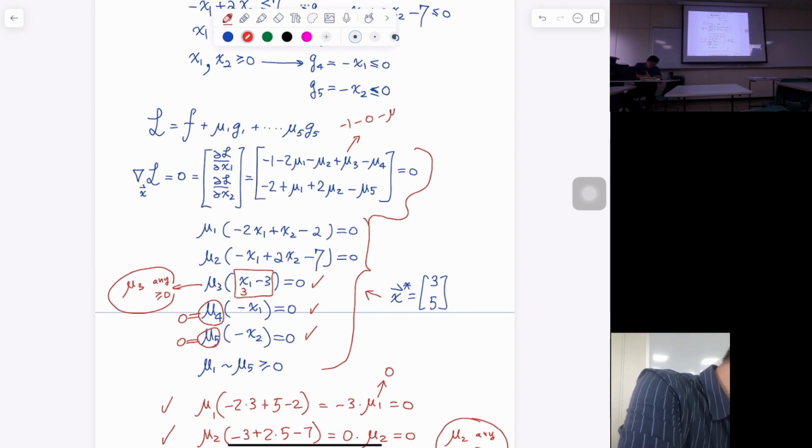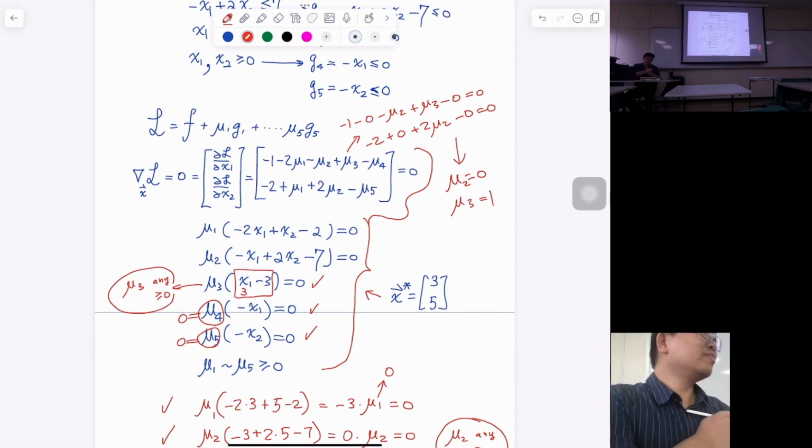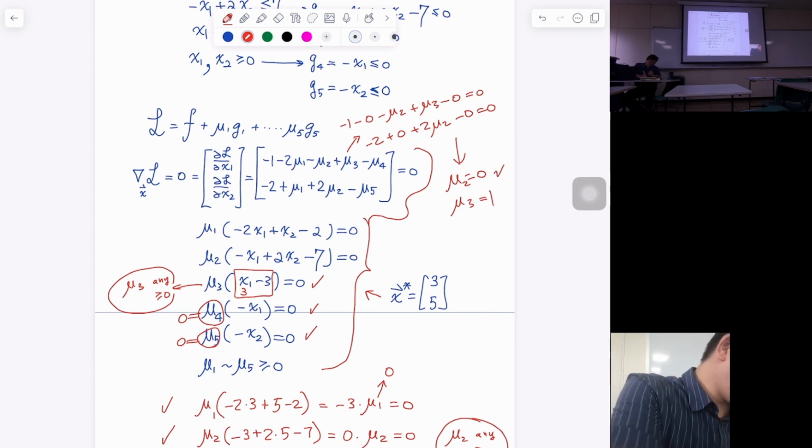Mu 2 we don't know yet. Mu 3 we don't know yet. Mu 4 is 0. The other equation, minus 2 mu 1, 0, mu 2 don't know yet, mu 5 is 0, right? So from here mu 2 equals 0, mu 3 equals 1. So that satisfies what we are looking for, either positive or 0.